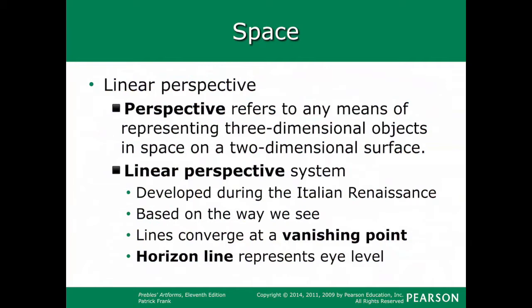And we're going to talk a little bit about that eventually. So the linear perspective system developed during the Italian Renaissance is based off of the way we see. It is based on lines that converge to a vanishing point.